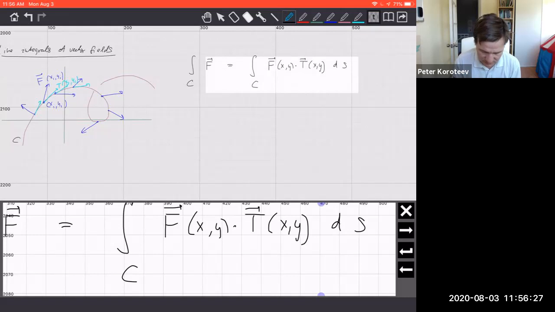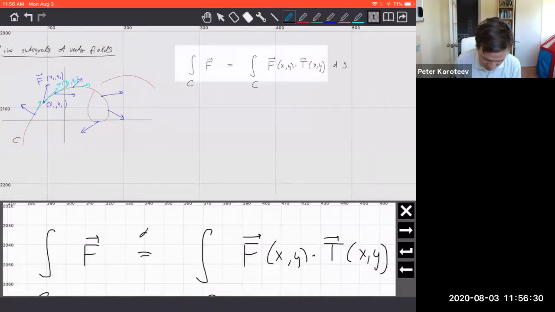So this is the definition. We define it like that because it's the only meaningful way to make a number, positive or negative depending on the computation, out of a vector field that lives on the curve.